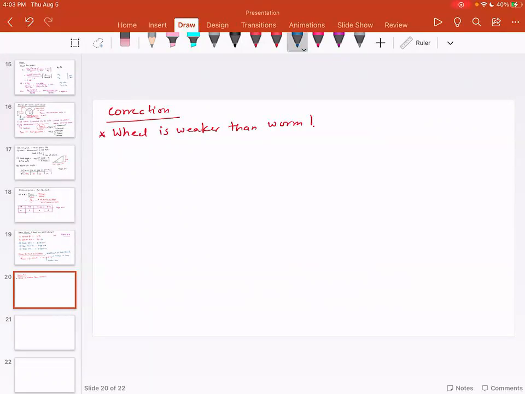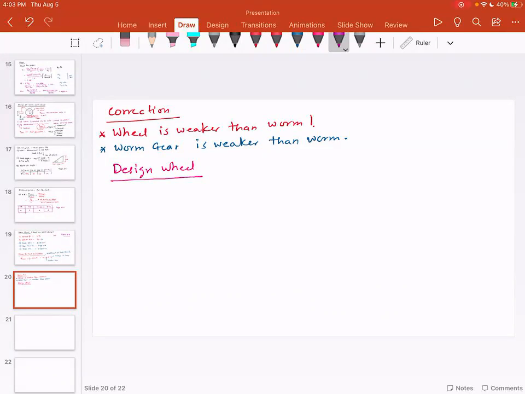The wheel or worm gear is weaker than worm. So we would always design wheel. Please make that correction.